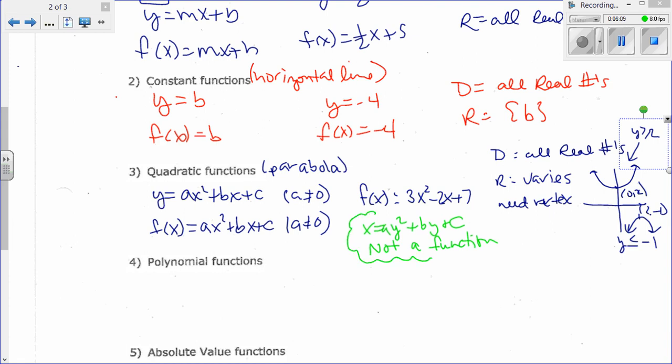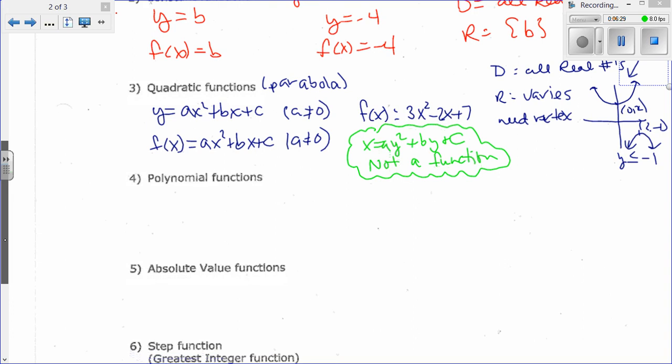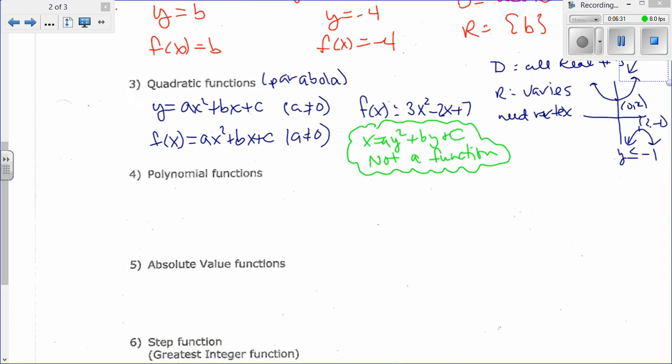What this is, is a parabola turned on its side. And remember in class the other day we said that anytime you see y squared, it's not a function. A circle has y squared and it's not a function. So a parabola that's turned on its side, or is in terms of y, is not a function. So that's something that you need to just be aware of.